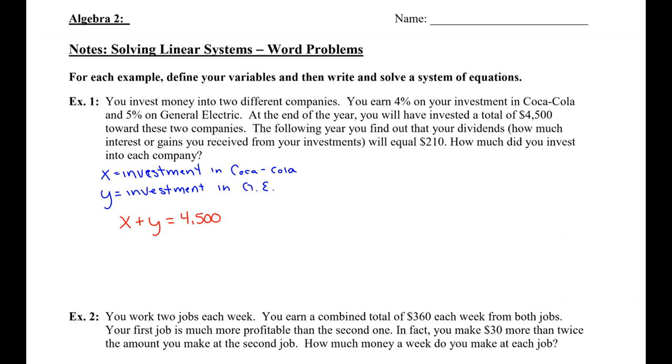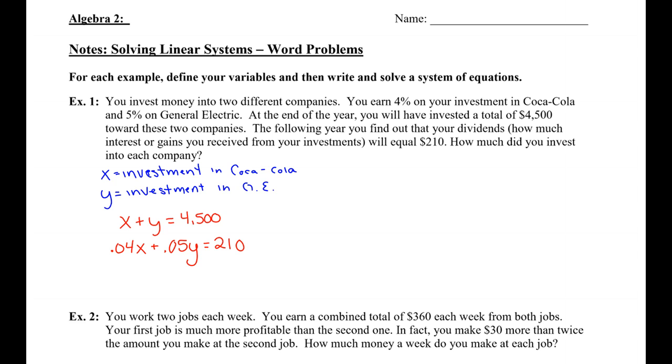If I earn 4% of my investment into Coca-Cola, so 0.04 times X, plus 5% of my investment into General Electric, that total equaled $210. These 2 equations make up my system.